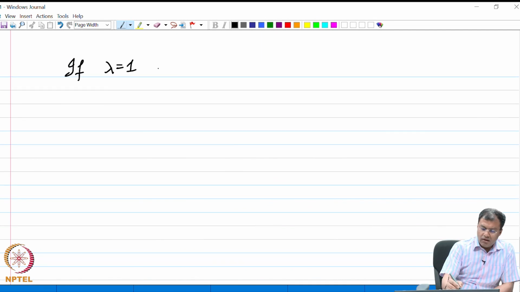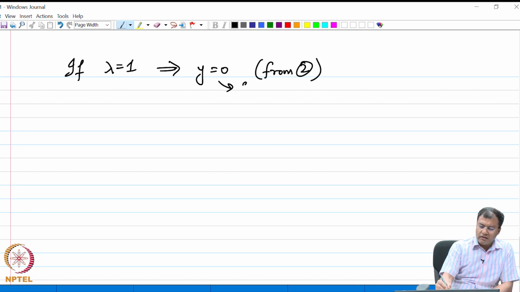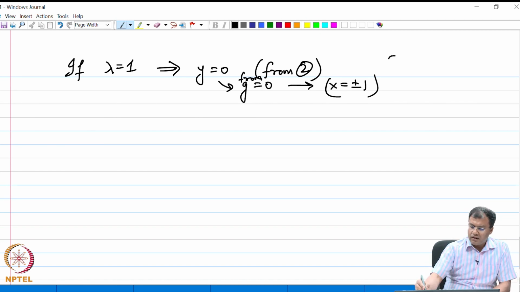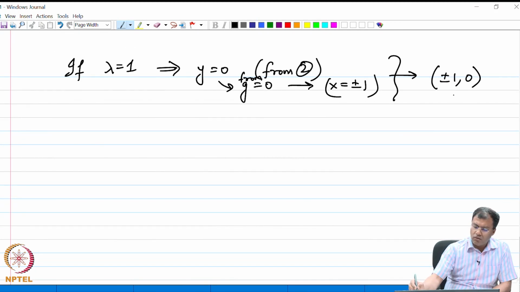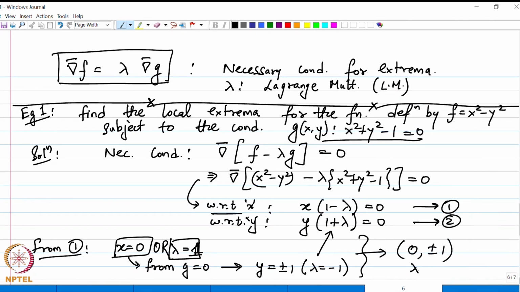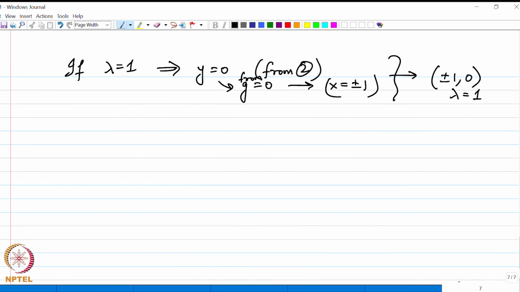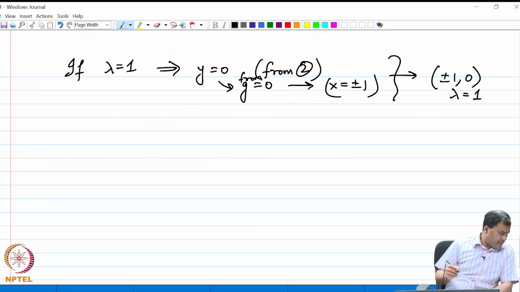So, it implies that y is 0 from 2, and putting this in the constraint, I get that x is equal to plus minus 1. If y is 0, x is plus minus 1, and the second set of solutions that I am getting from this exercise is plus minus 1 comma 0 with lambda equal to 1, right.